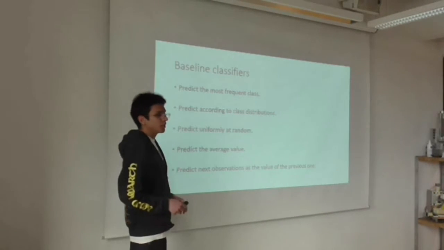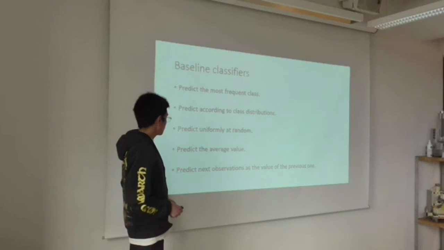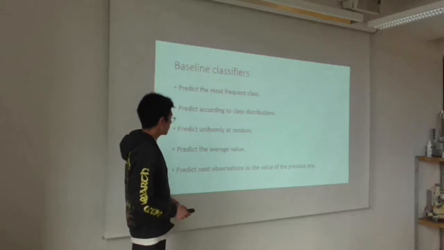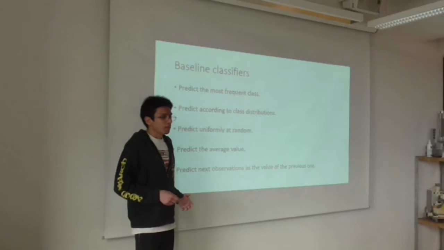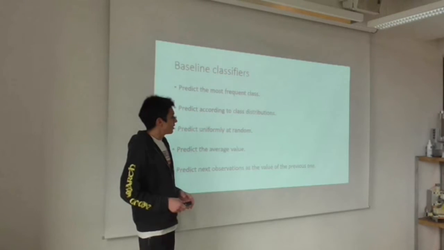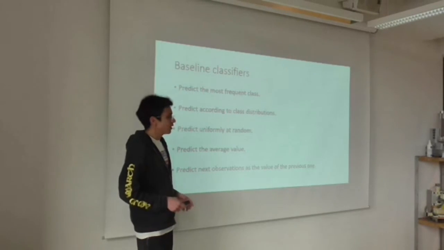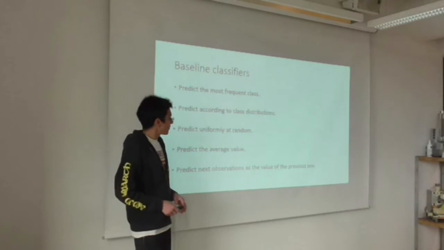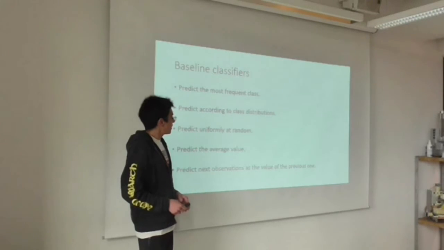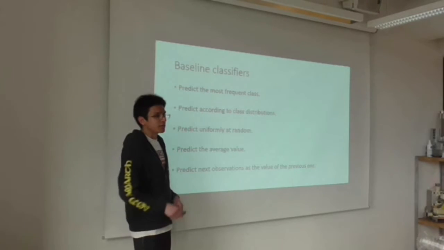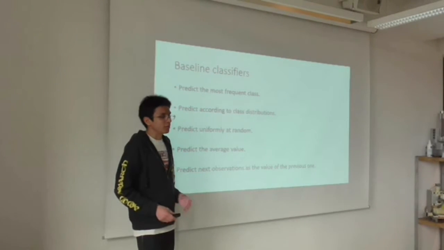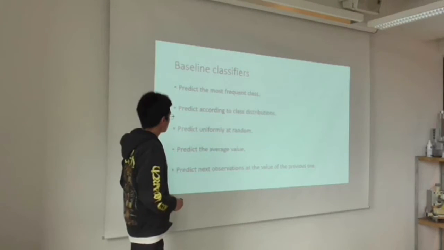Or if you are also trying to predict time series data, then you may build a classifier that just predicts the next observation, having the same value as the previous one. This may seem like dumb solutions, but sometimes it's really difficult to beat these baseline classifiers using state-of-the-art machine learning models.